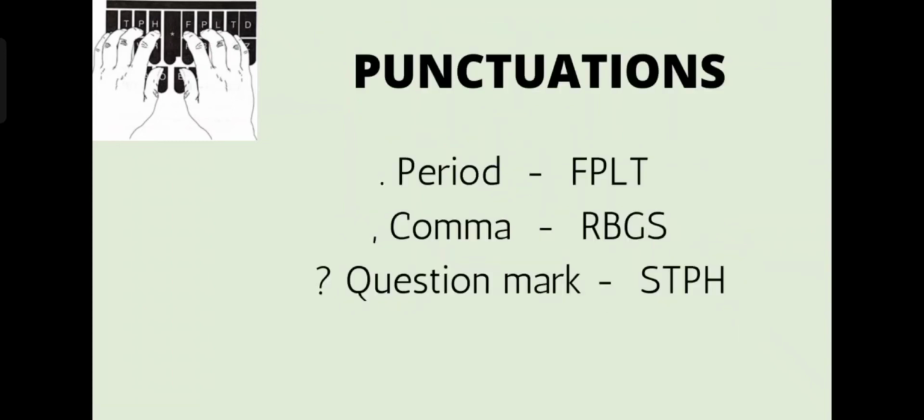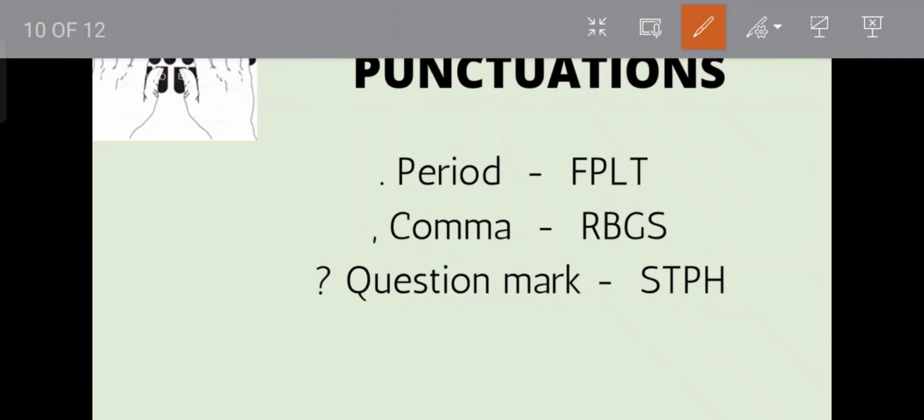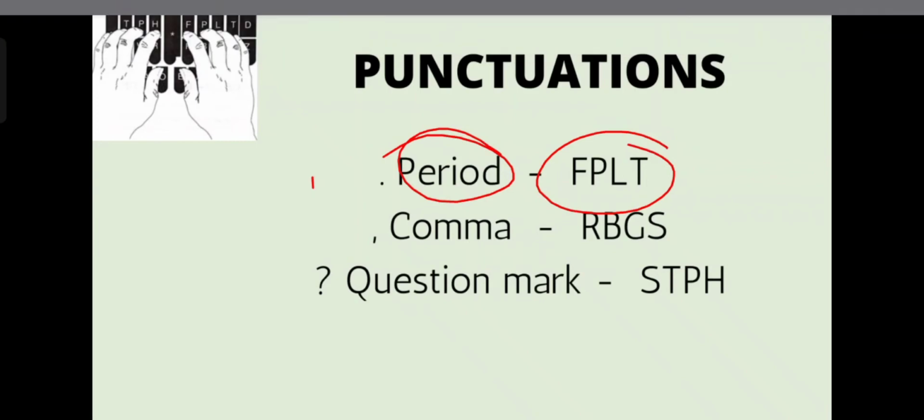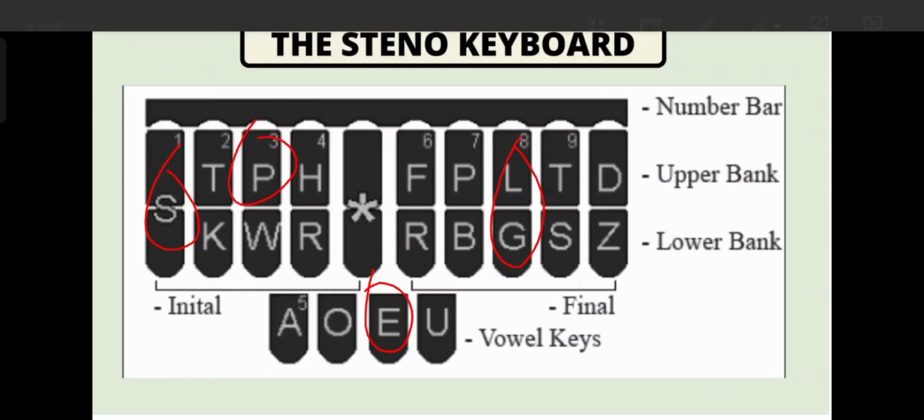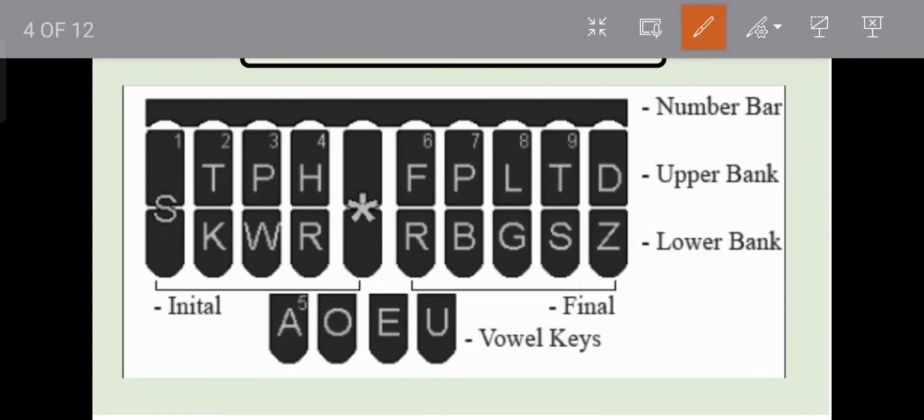So let's have punctuation. For the period, the combination of keys would be FPLT. For example, the cat sat. The period there is FPLT. You have to press that one simultaneously.